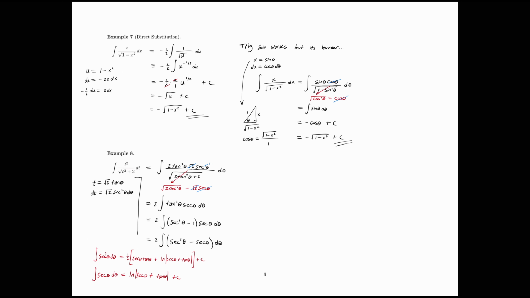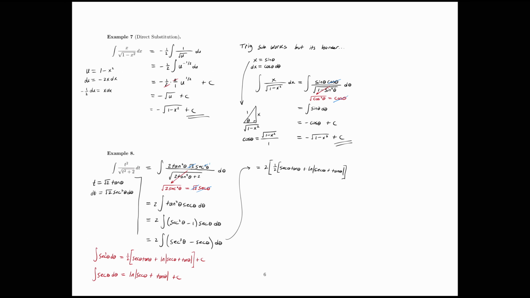Okay. So if we go ahead and use that now, we'll move up here to this line, equals 2, and then we've got these two antiderivatives to import. So the one is 1/2 secant theta tangent theta plus natural log absolute value of secant theta plus tangent theta.